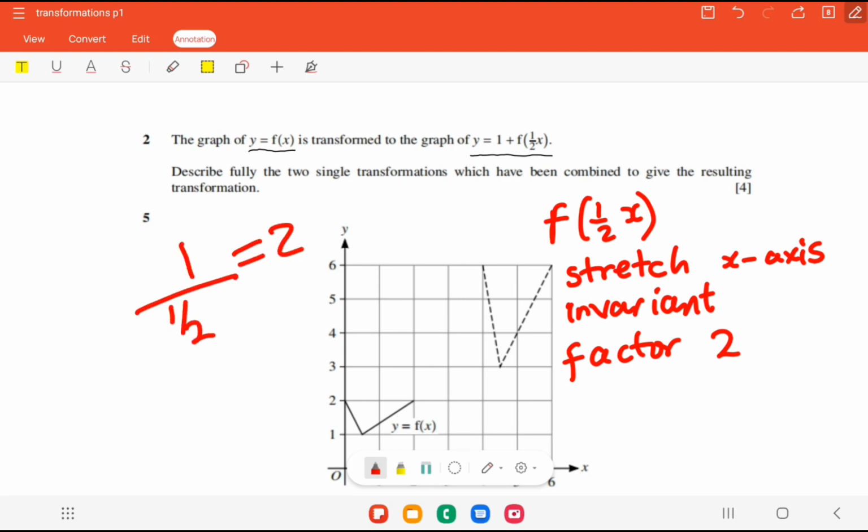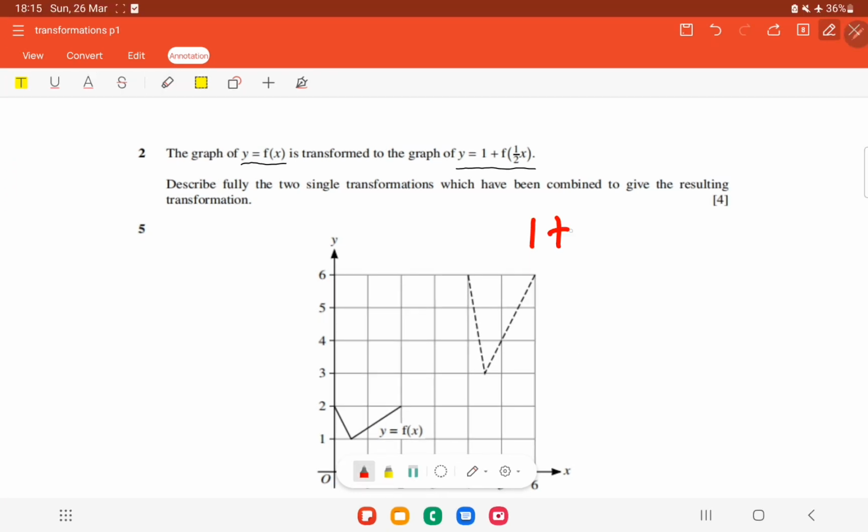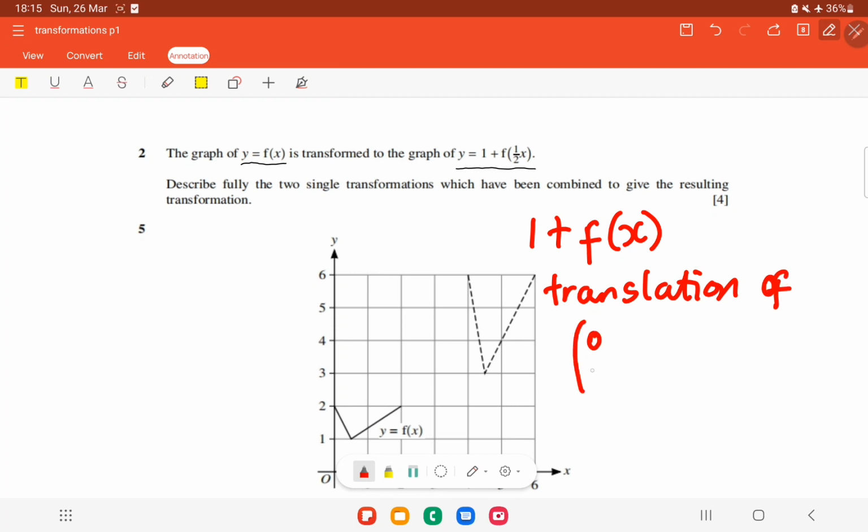So 1 over half, that's where we have the factor of 2. The second transformation is 1 plus f of x. That's a translation in the y-axis. So it's a translation of 0 in x and positive 1 in y.